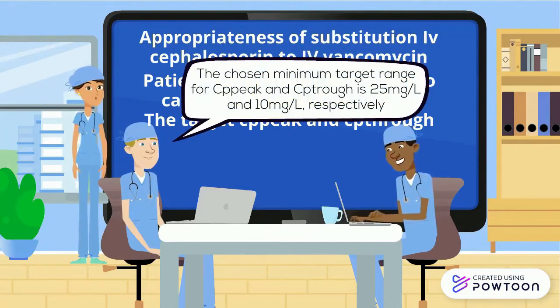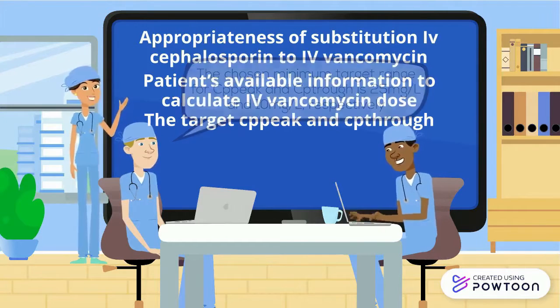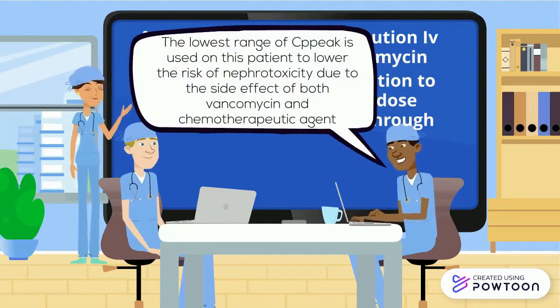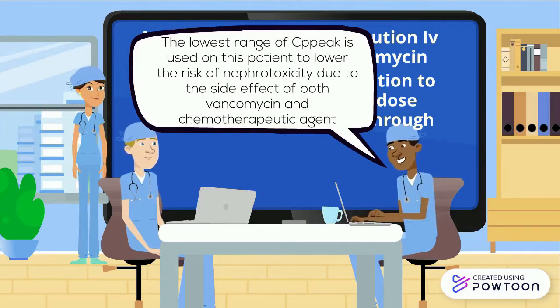Therefore, the chosen minimum target range for CP peak and CP trough is 25 mg per liter and 10 mg per liter respectively. The lowest range of CP peak is used on this patient to lower the risk of nephrotoxicity due to the side effects of both vancomycin and the chemotherapeutic agent.